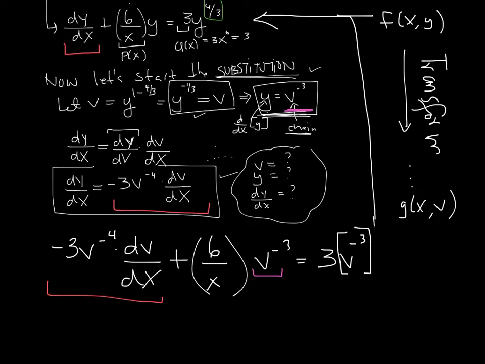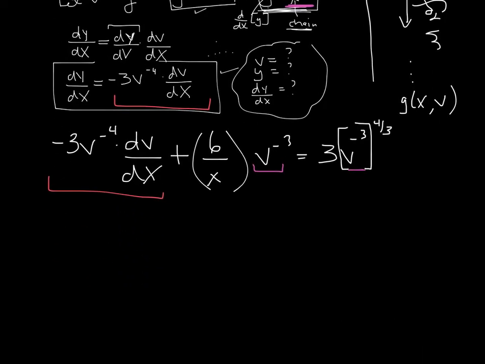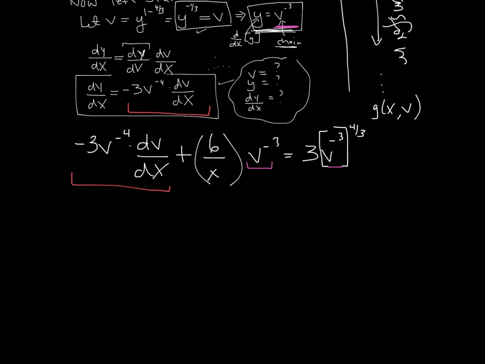Let me erase this line here. Okay, so I substituted everything, I believe, yep, everything was the same. Actually, this one was the same. So let's just simplify this a little bit, not too bad. I'm going to rewrite this again.